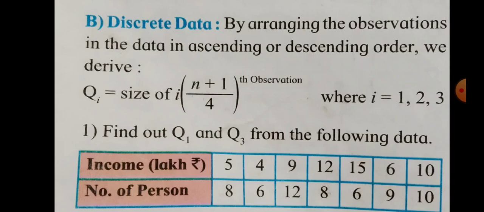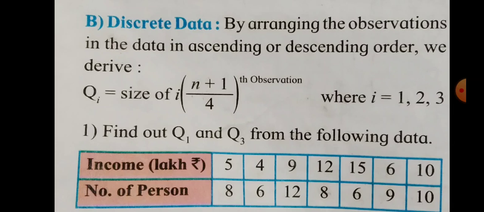Now let us see how to calculate quartiles from discrete data. By arranging the observations in the data in ascending or descending order, we derive Qi is equal to size of i, where i stands for Q1 or Q2 or Q3. So what is the formula here? Qi is equal to size of i into bracket n plus 1 upon 4 bracket close at observation.